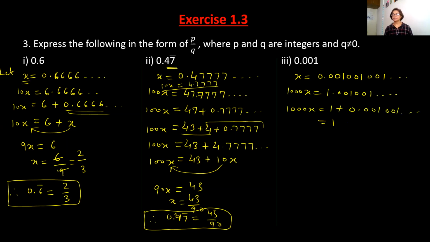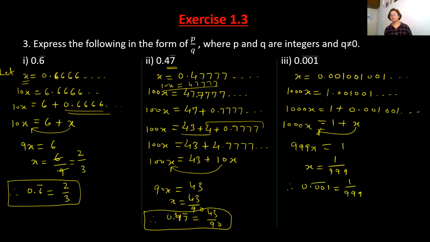Again, you can write 1 plus x here, 1000x. Now you will bring this x to the left hand side. So it will become 999x equals to 1. So x will become 1 upon 999. Simple. Therefore, the P upon Q form of 0.001 bar will be 1 upon 999. That's it. This has been solved.